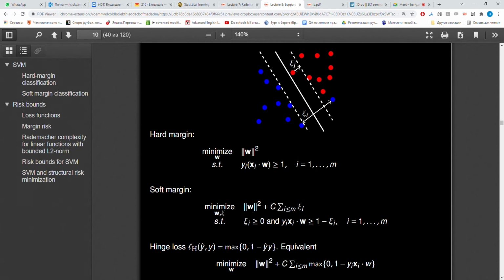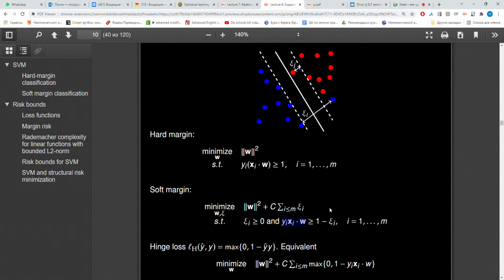We can add slack variables to the objective, and we can change our conditions a little. For some vectors, we may not have the strict inequality that the inner product is at least 1.